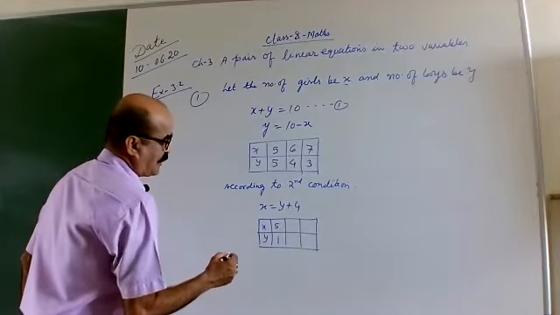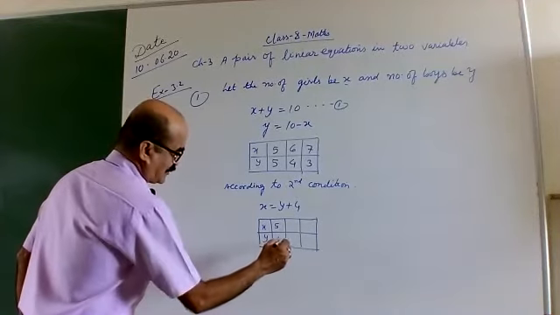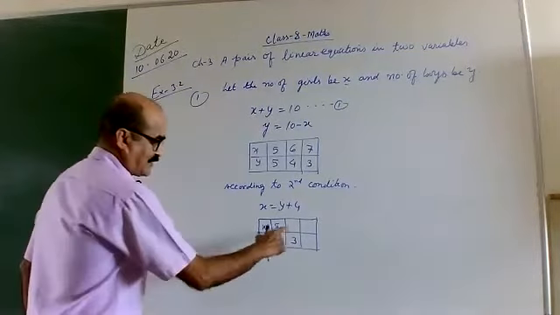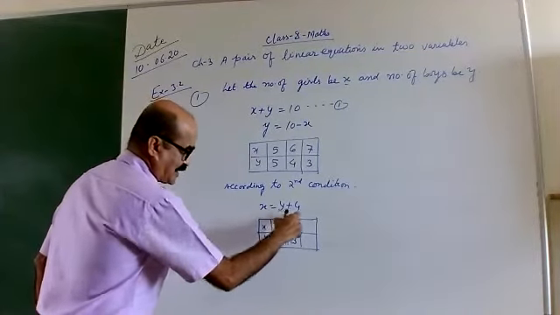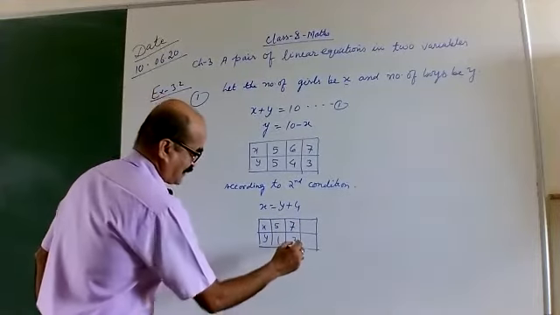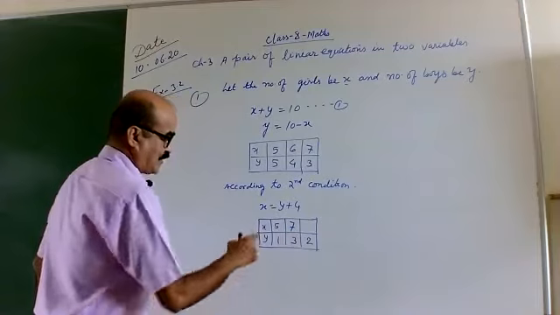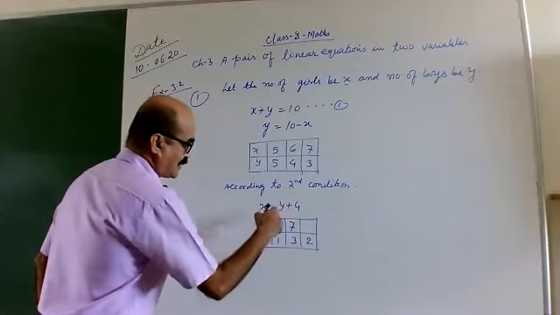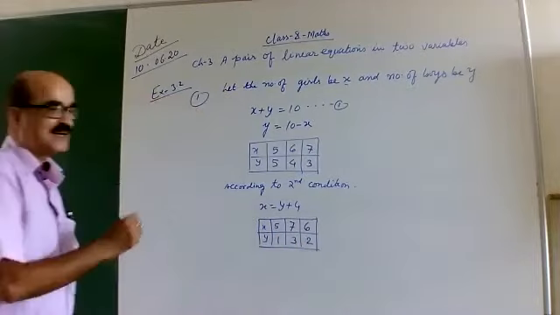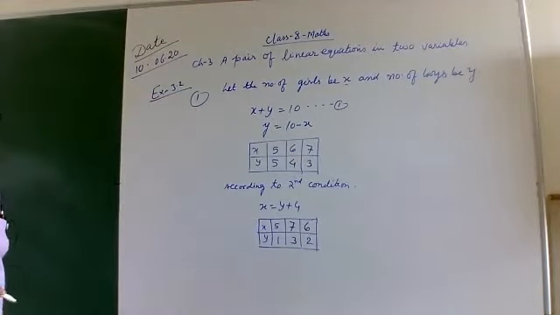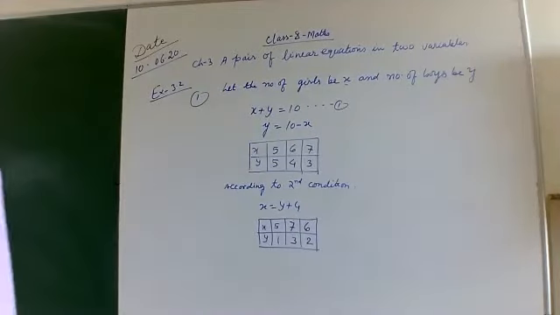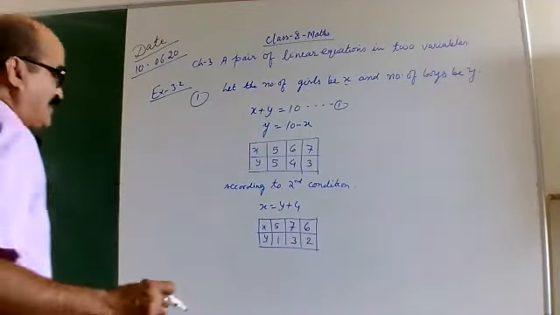Now I am taking y is equal to 3, so x is equal to 3 plus 4, which is 7. And again I am taking y is equal to 2, then x is equal to 6. So these are the points. Now we'll plot these points and see what we are getting.